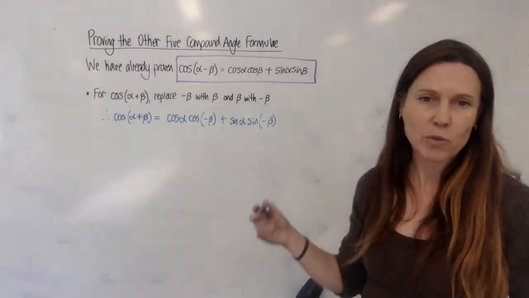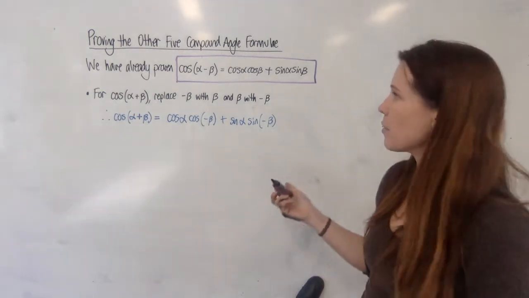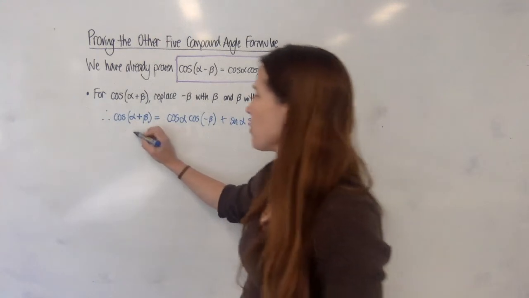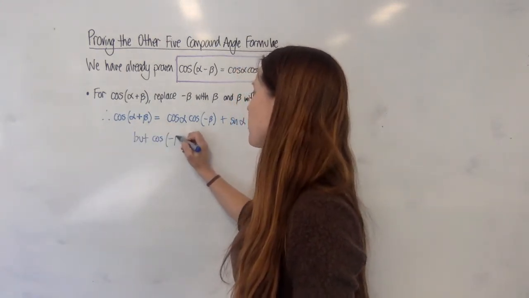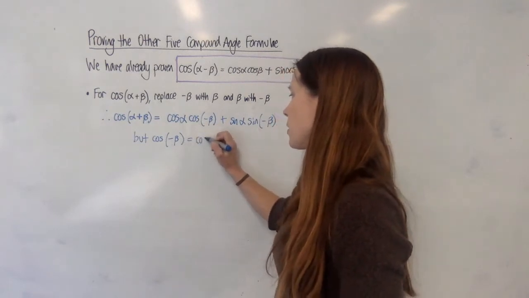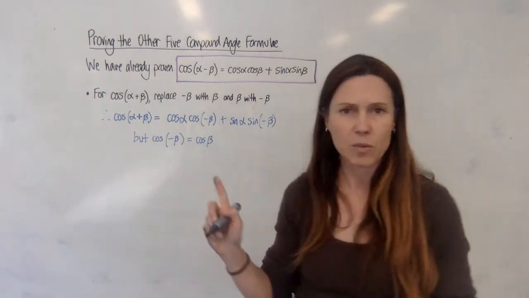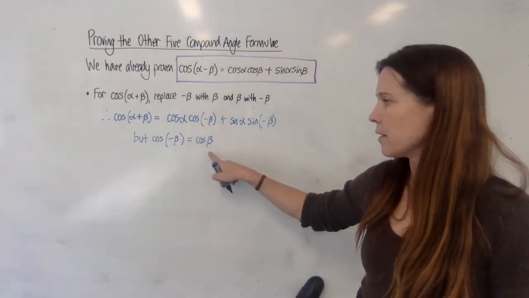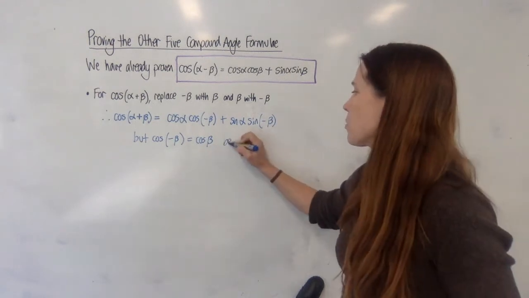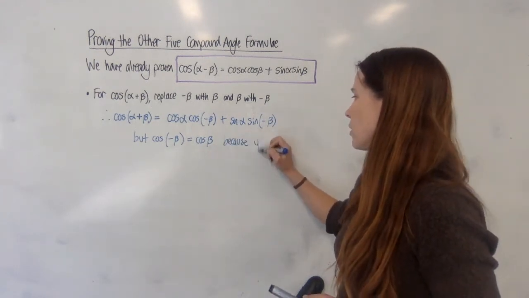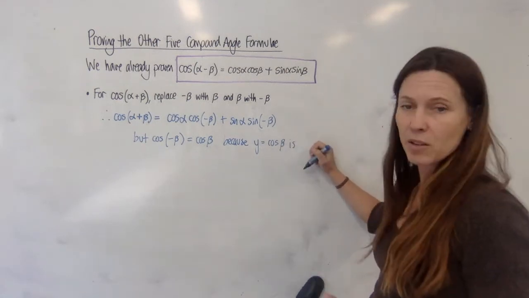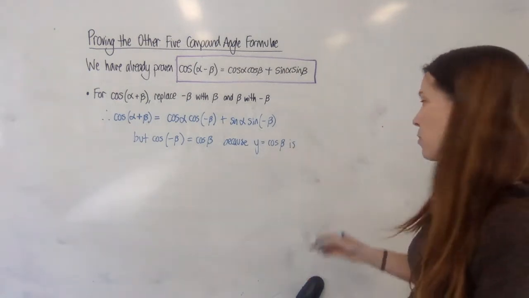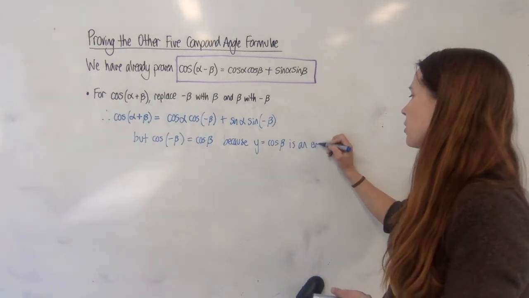Well, we can, but we need to explain why and how we did it, because this is a proof. So at that point, I'd say, but the cos of negative beta equals the cos of beta. Now, why does that equal that? It's because y equals cos beta, or cos of anything, you could write cos of x, cos of theta, cos of whatever you want, is an even function.